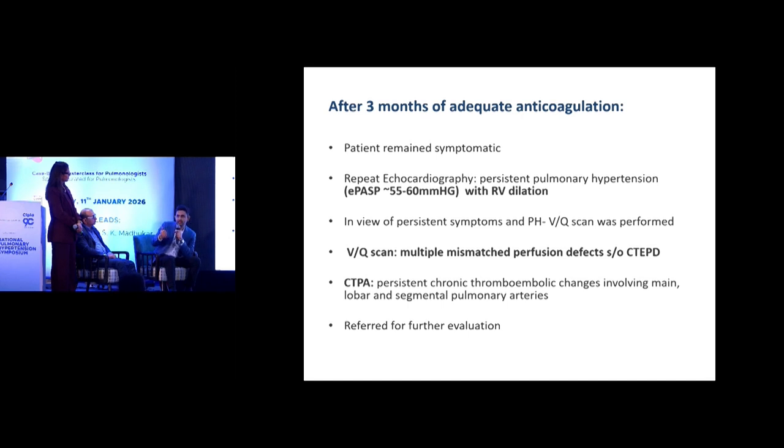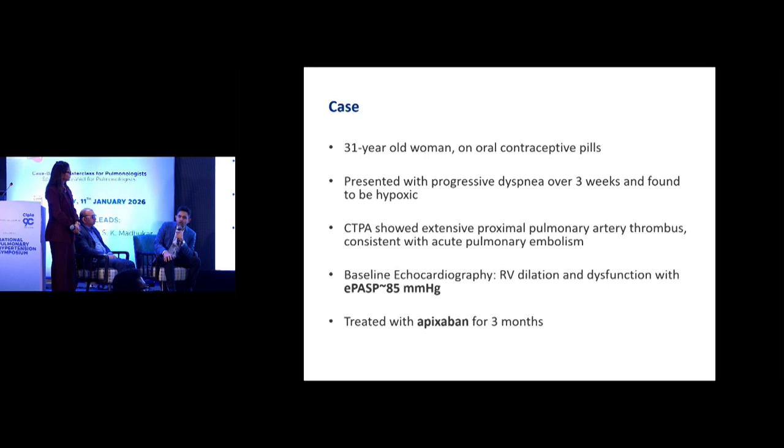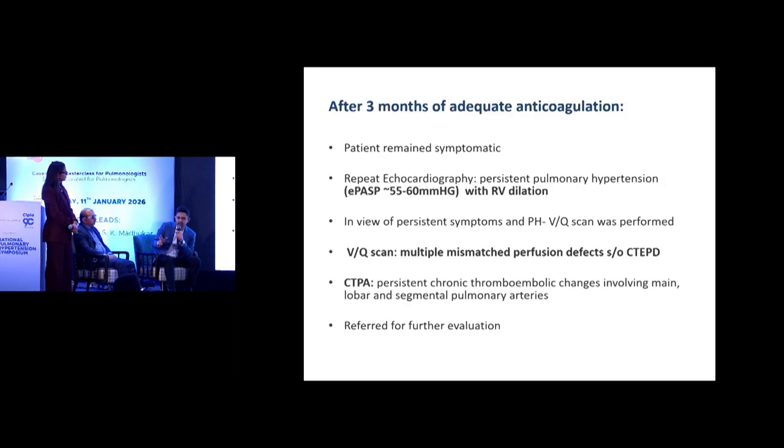If you are not seeing that, either the surgeon was not able to get all the thrombus load out, so there is incomplete removal, which is more common, or there is another overlapping component.